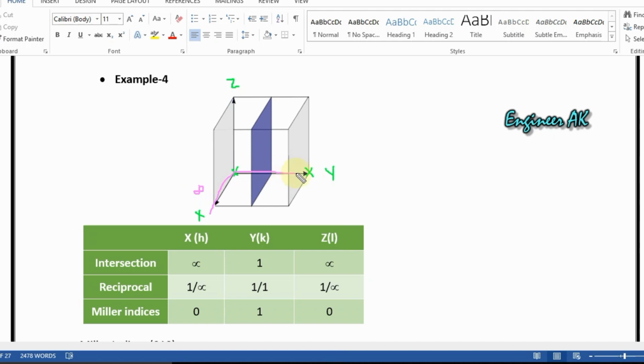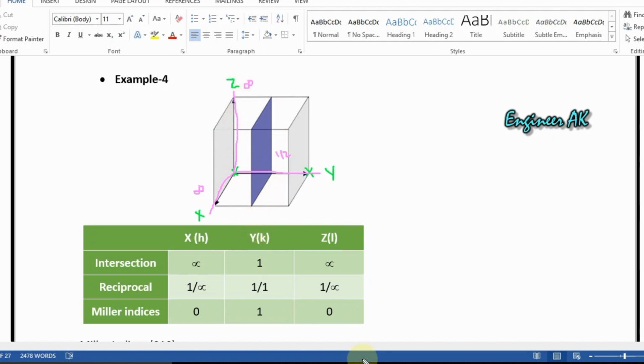If I move in the y-axis, it is cutting at 1/2. And if I move in the z-axis, again it's infinity.